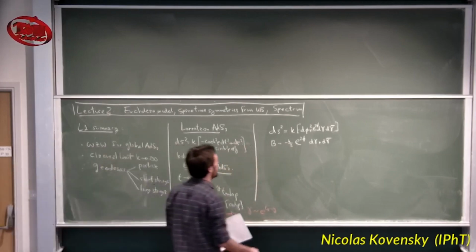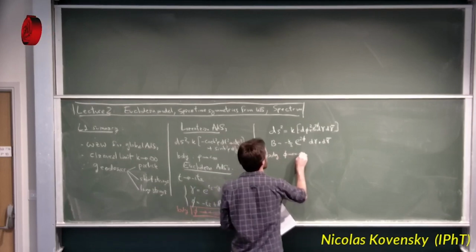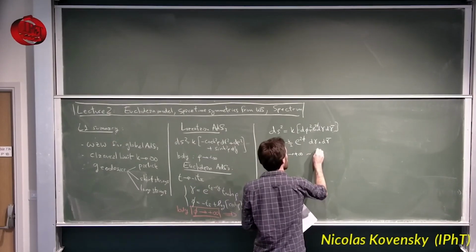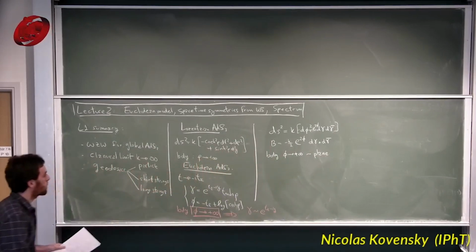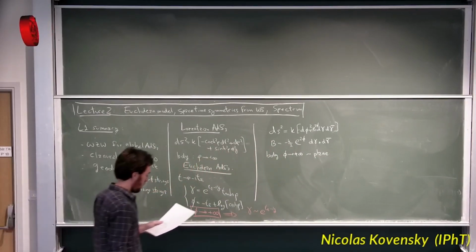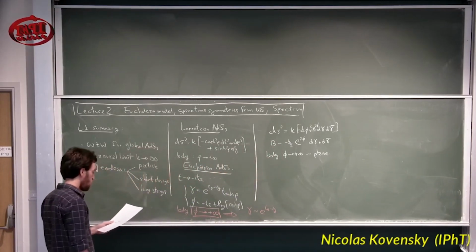And so, as I was saying, the boundary is at phi going to infinity, and it's a plane, or a sphere if you want, if you add the point at infinity. But I'm using flat coordinates there. Okay.